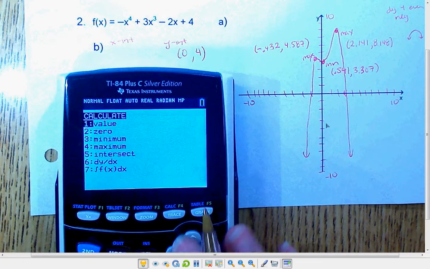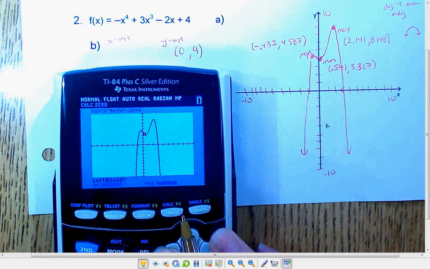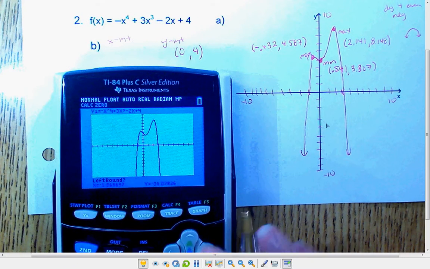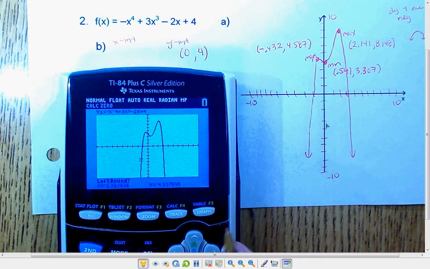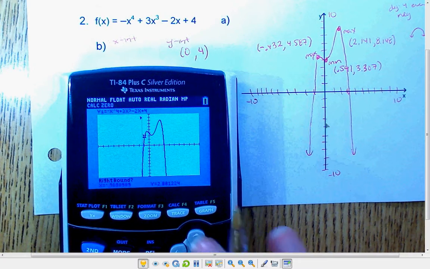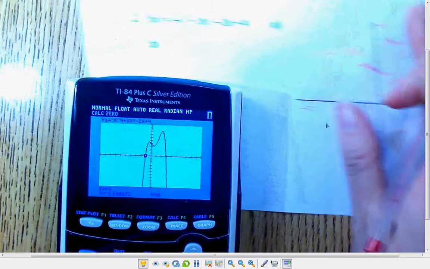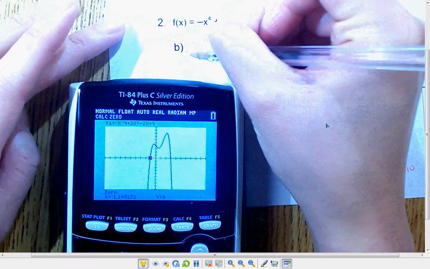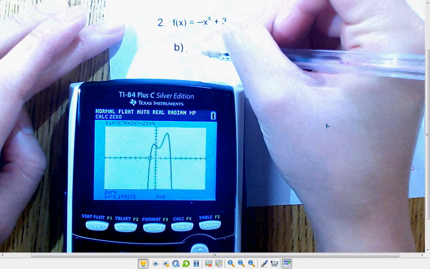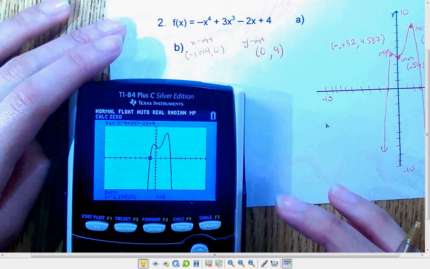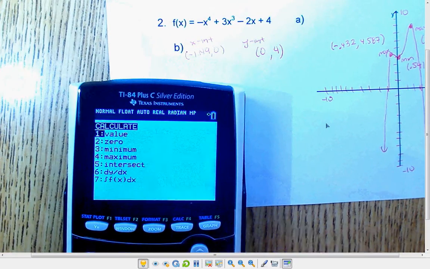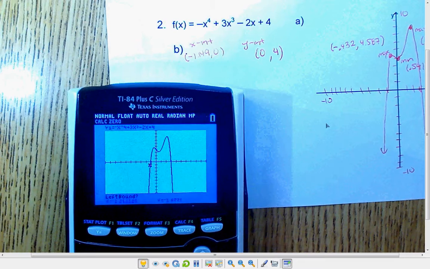Second calc, 0. I'm going to go to this point first. I want to go slightly to the left of it, enter. Slightly to the right of it, enter. Press enter again. It gives me my 0, which is negative 1.149, comma 0. Find my second one, so second calc, go down to 0 again.